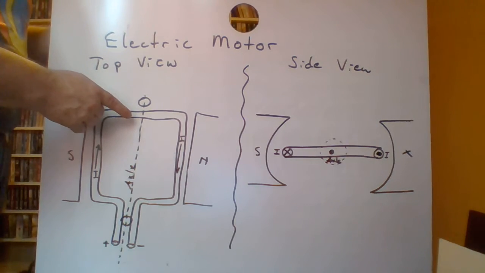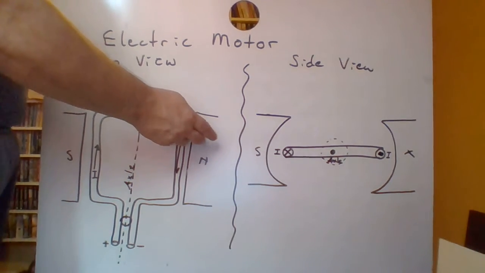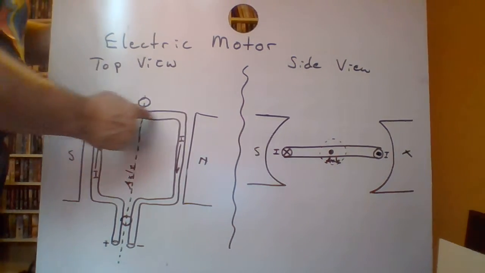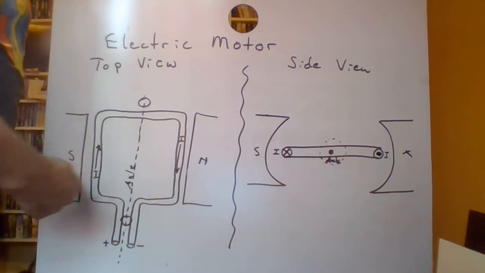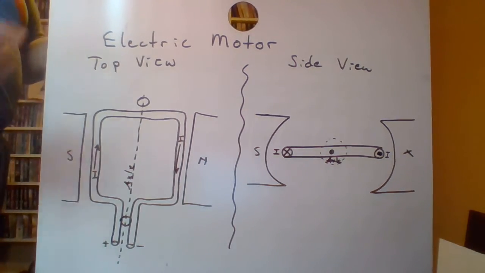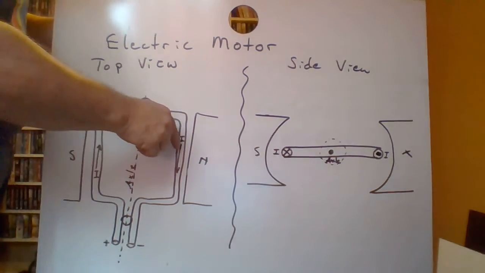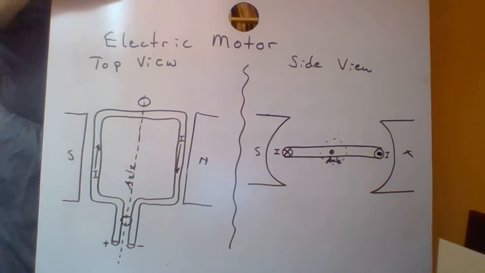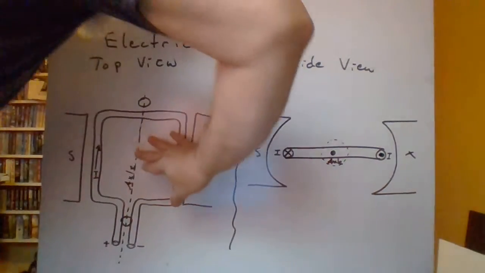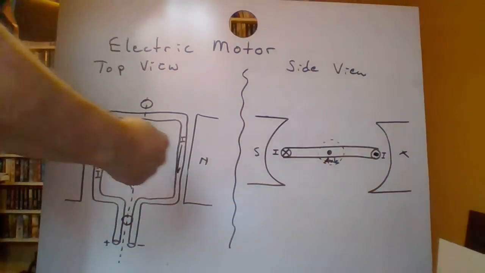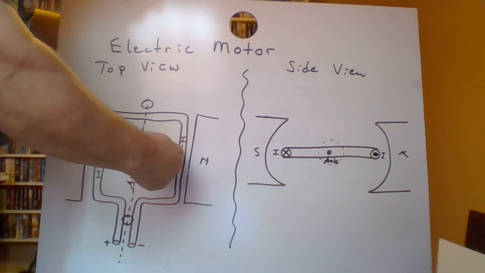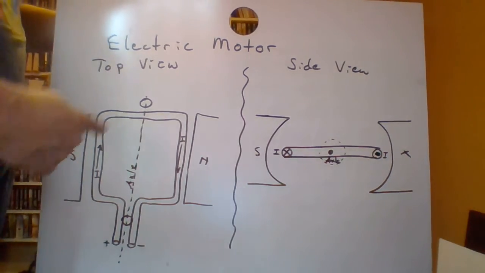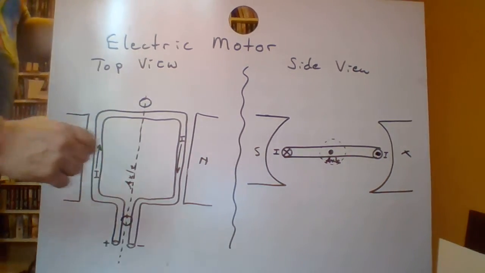The magnetism of the wire isn't interacting with the magnetism of the external field. So any current that is acting parallel to the magnetic field doesn't cause a force. Go over here, and now notice that if I were to put my hand in there, the force is acting into the page here. So it's acting up here, it's acting down there. So this is going to cause it to rotate.